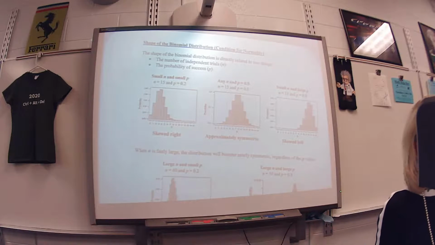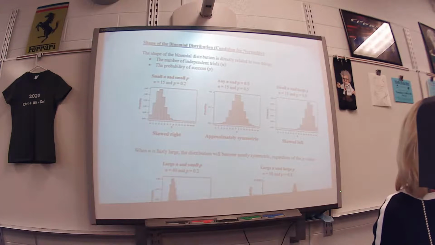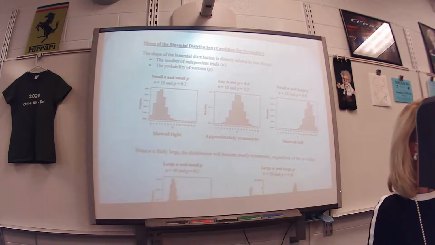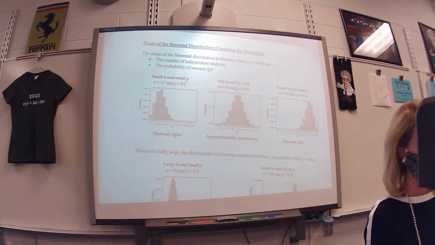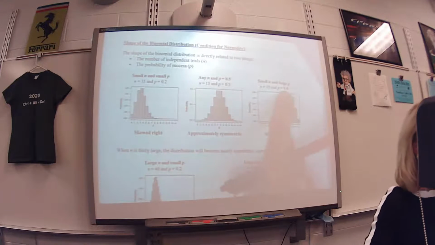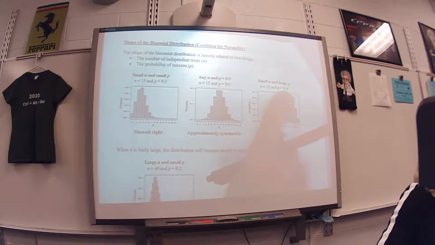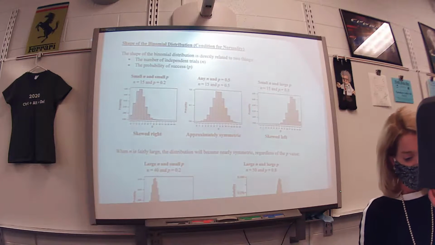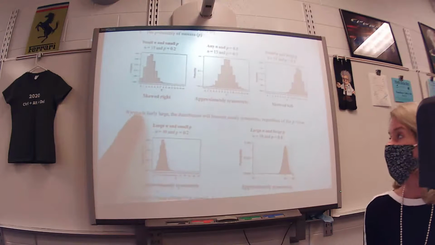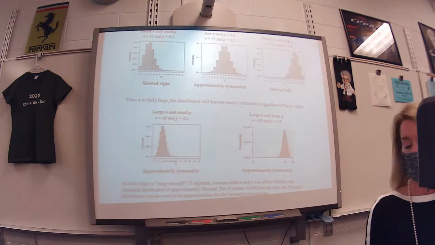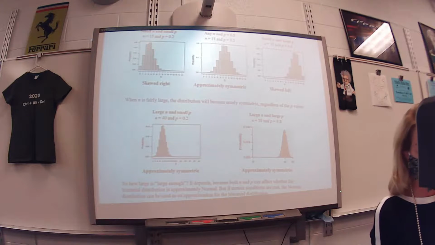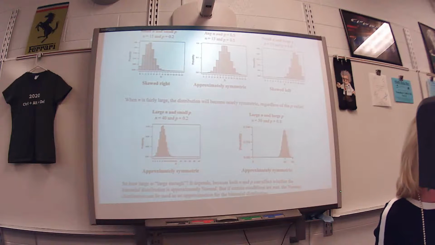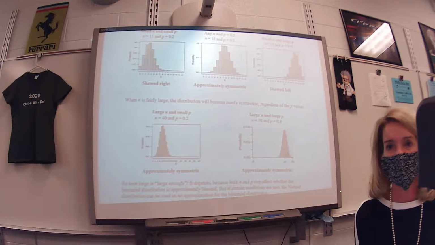But as we saw in the very first example, if your p is small, like the 1/6 for the dice, you're going to get a skewed distribution. Or if your p is large and its complement is tiny, you're going to get a skewed distribution. But when n is fairly large, the distribution will become rather symmetric regardless of the p-value. That's the part that also can save you, okay?